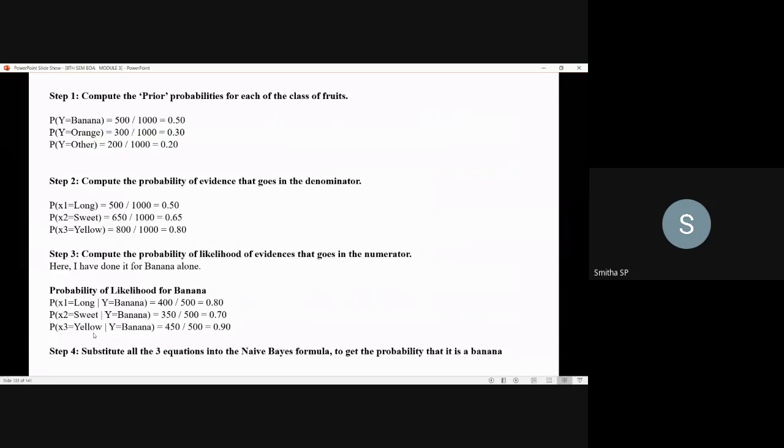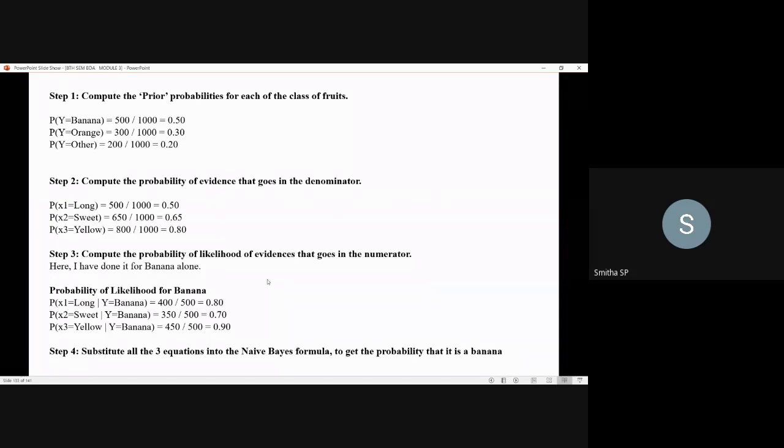Similarly for the third feature yellow, 450 divided by the total count, so 450 by 500 is equal to 0.90.